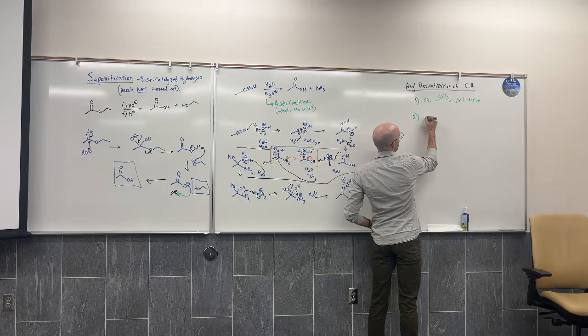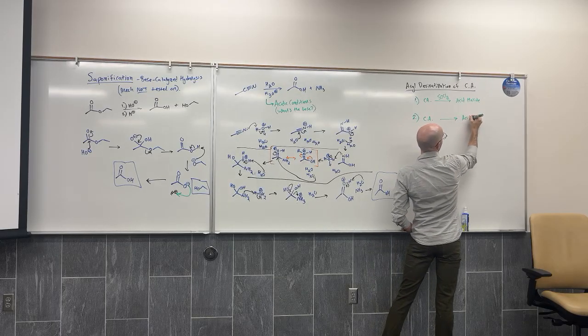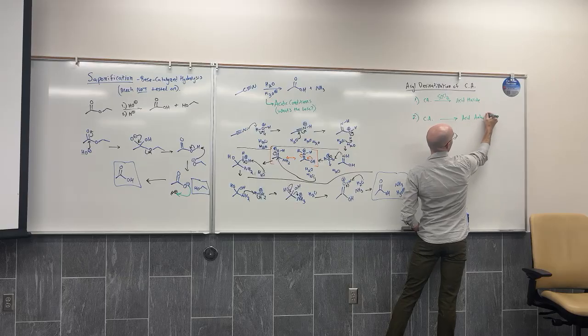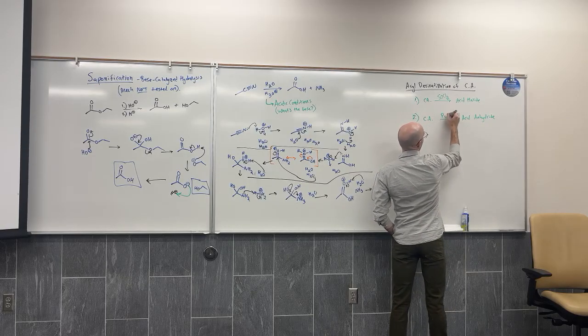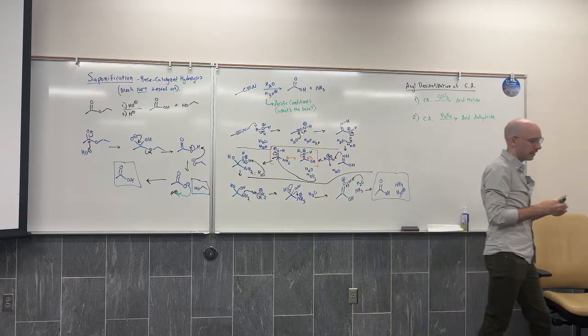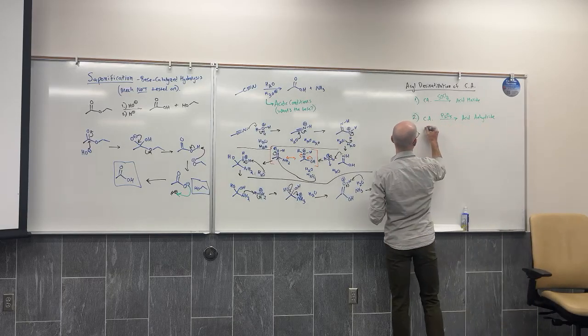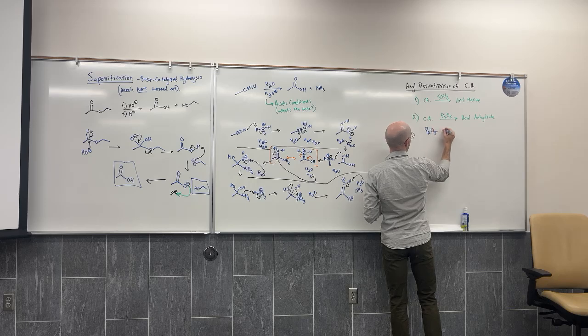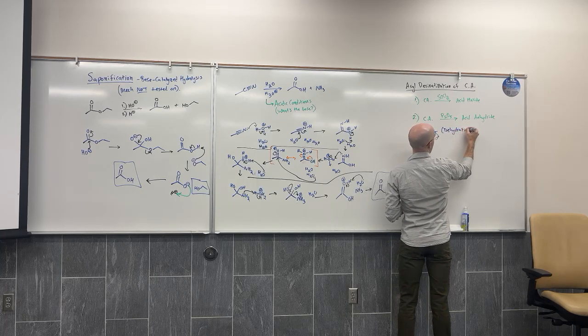The process of taking a carboxylic acid and bringing it to an acid anhydride, this is a dehydration reaction. We're going to use P2O5, and here's what I want you to know about P2O5. We call this a dehydrating reagent.